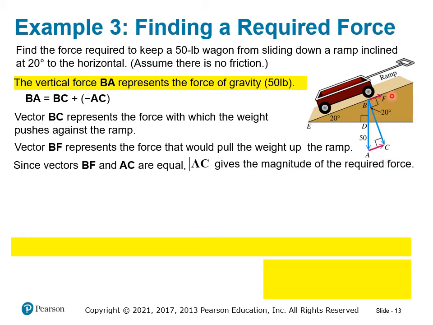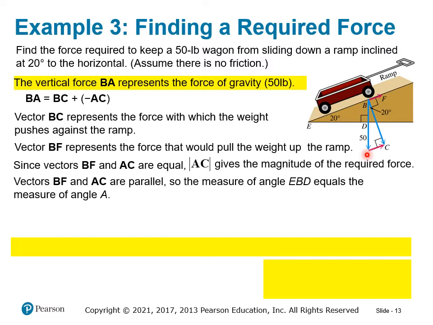The vector needed to pull something up the ramp will be equal to this opposite triangular side that connects the force of gravity directly down perpendicular to the earth with the force of the weight on the inclined plane. These will always be equal. This force to pull it up the incline will always be equal to the side of this inclined triangle.